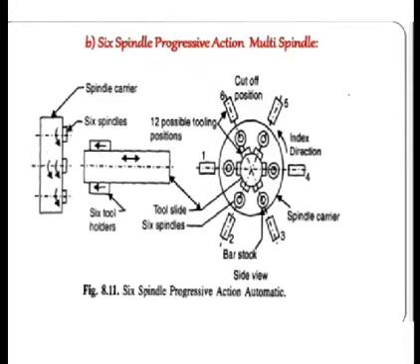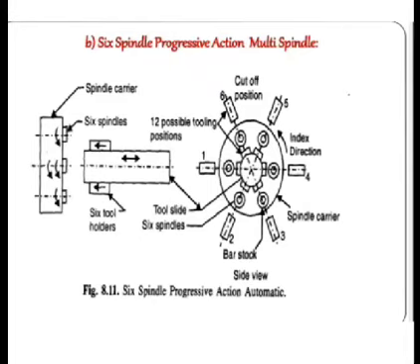In multi-spindle automatics, another one is the progressive action automatics. In these machines, the blanks clamped in each spindle are machined progressively, station after station, as shown in the figure. The headstock is mounted at the left end of the base, which contains the spindle carrier. Independent side tool slides are provided on both sides of the spindle carrier.